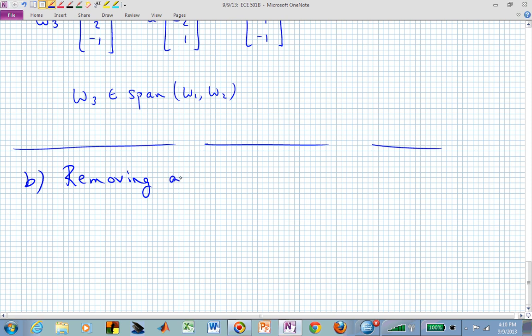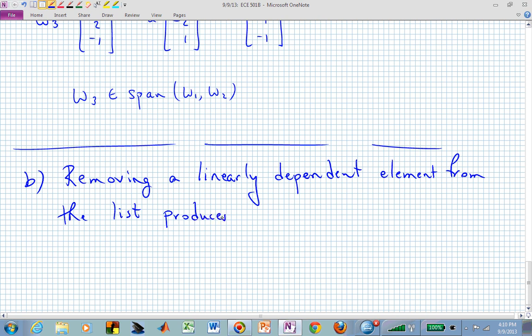Now we can say that removing a linearly dependent element from the original list produces a new list with the same span as the old list.